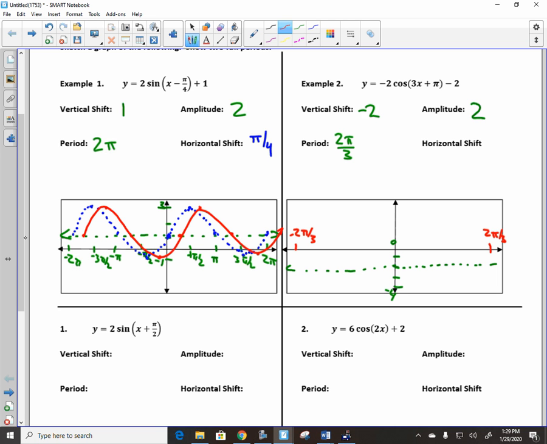So when you're struggling to divide things by 2, instead of dividing by 2, try multiplying by a half. If you take 2 pi over 3 and multiply by a half, what are you going to get? What happens to the 2's? Cancel and you're left with pi over 3.